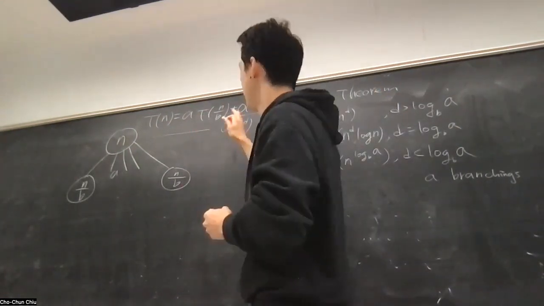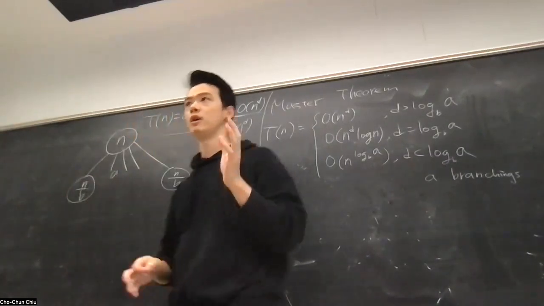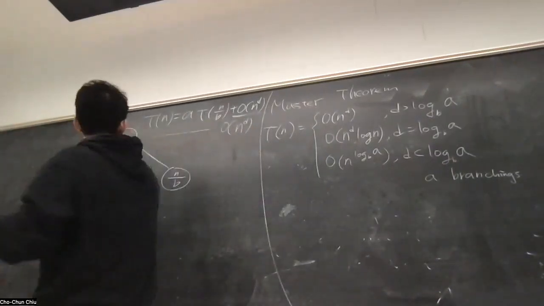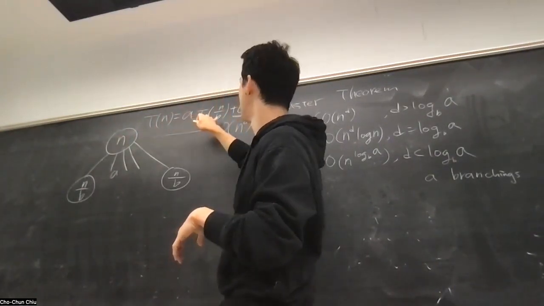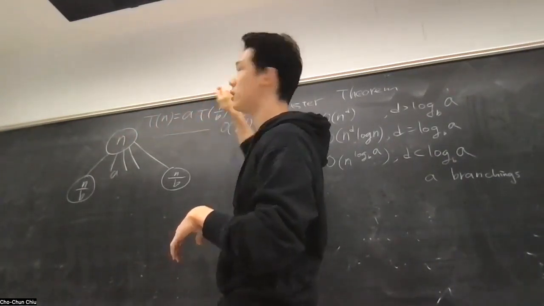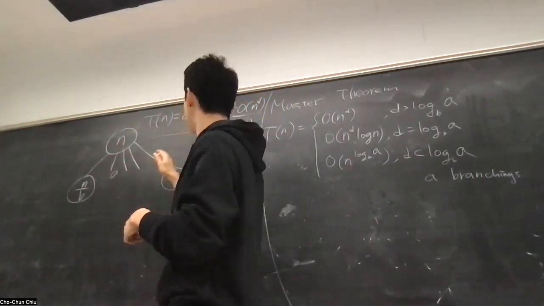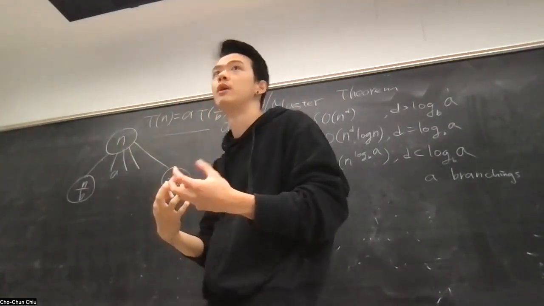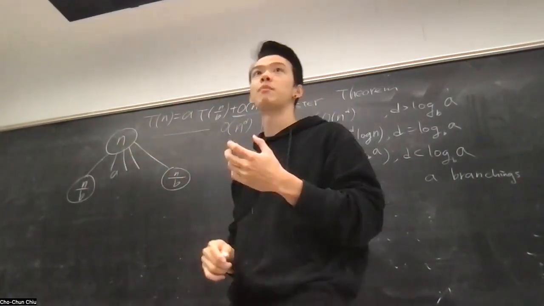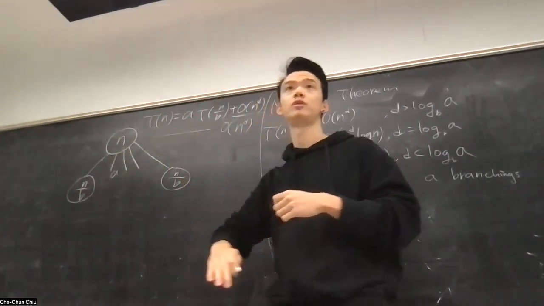They're constants, and it really depends on how we formulate the problem. For example, in the times problem, a is equal to 4, b is 2, and d is 1. So a is the branching factor? Yes, a is the branching factor, b gives the size of each subproblem, and d gives the time complexity we solve for each layer.